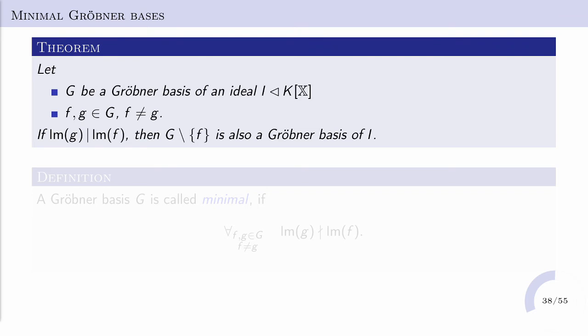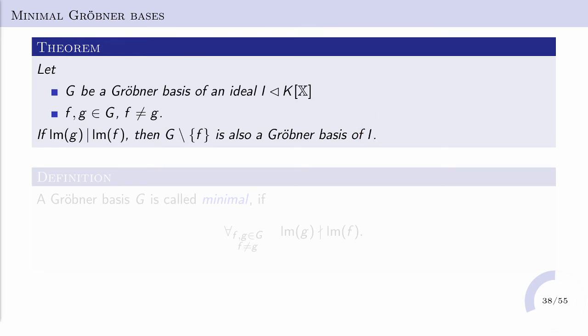It says that if we have any Grobner basis and we find two distinct polynomials f and g of this Grobner basis, such that the leading monomial of g divides the leading monomial of f, then we can remove the polynomial f from the Grobner basis, and what we get is still a Grobner basis of the same ideal.